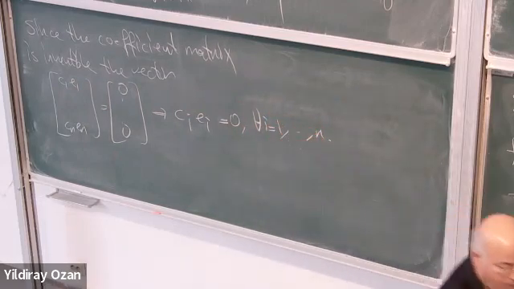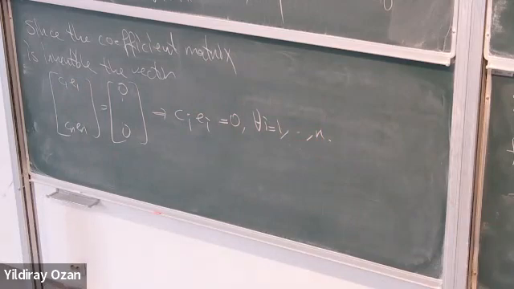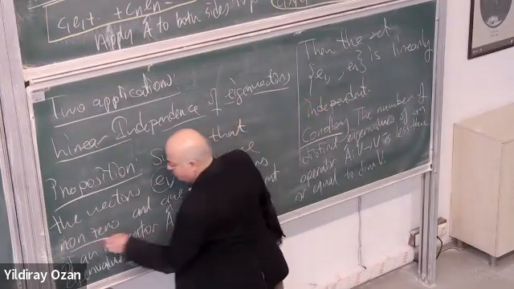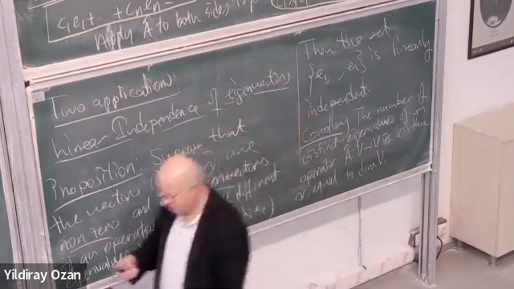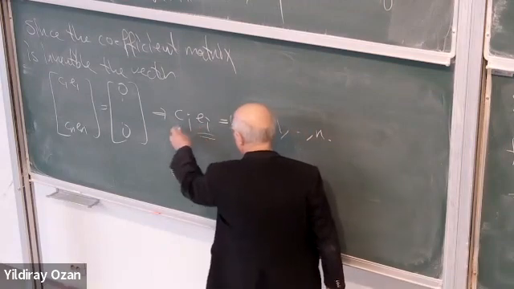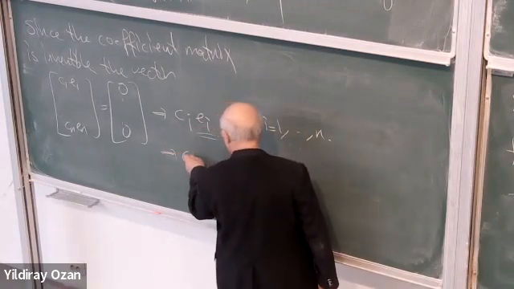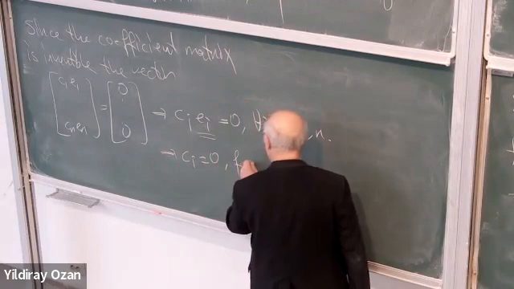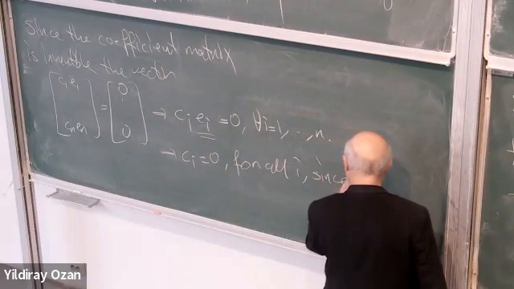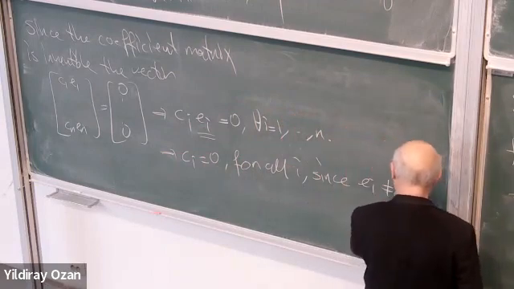And we know that by assumption, these vectors are eigenvectors. They are non-zero vectors. So since these are non-zero, this implies Ci is zero for all i, since Ei is not 0.